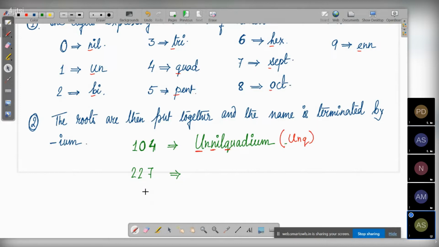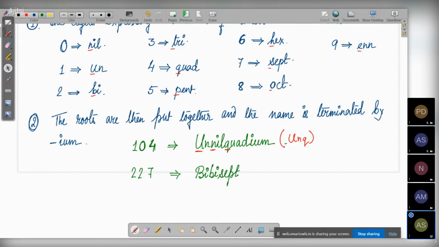Bi, and then 7 means sept. Then it ends, terminated by ium.